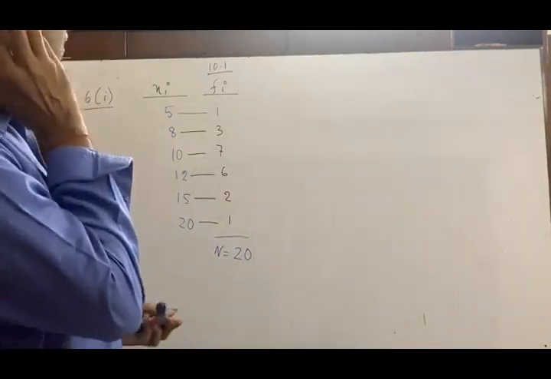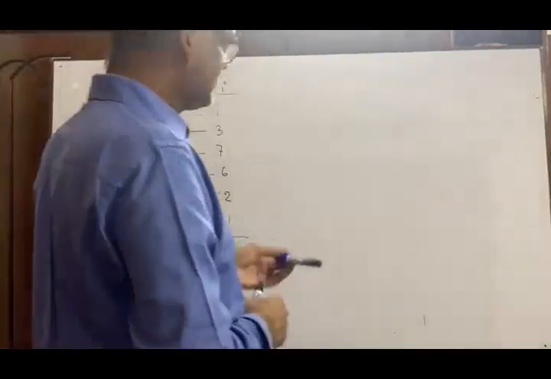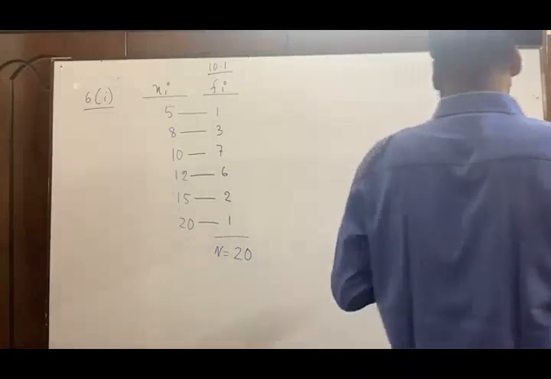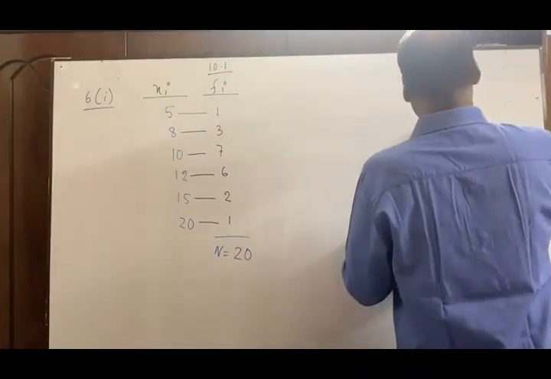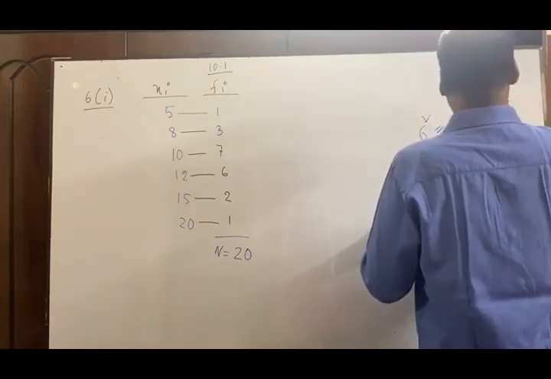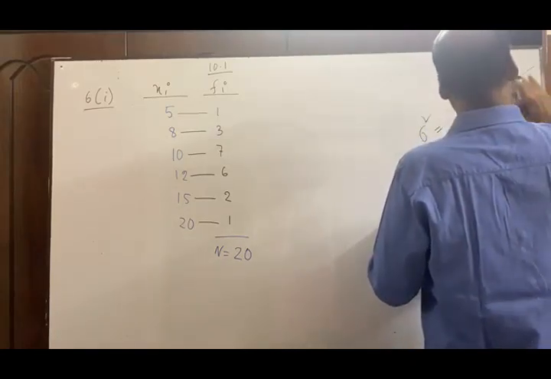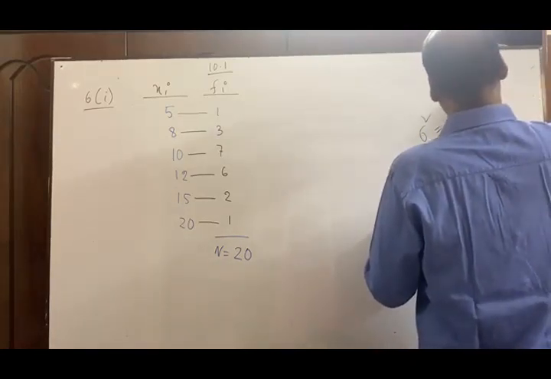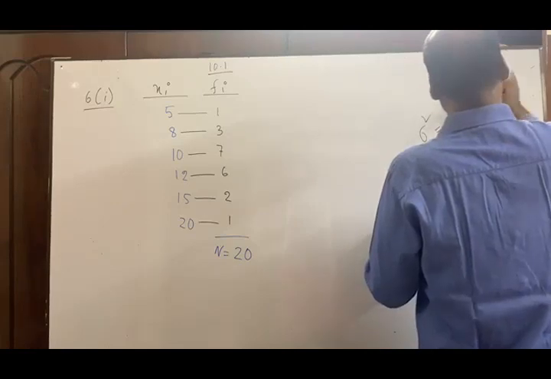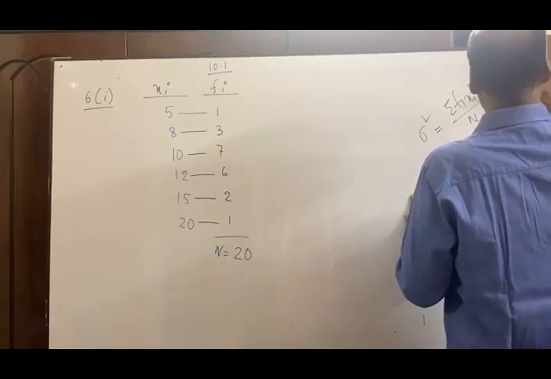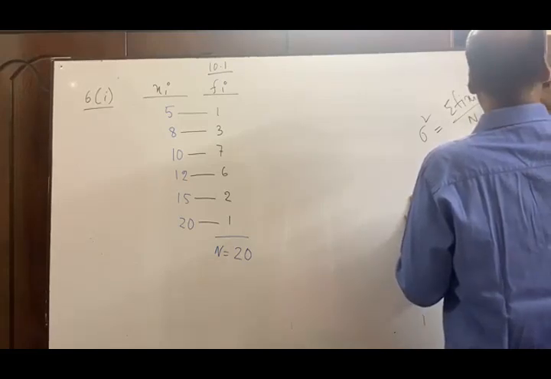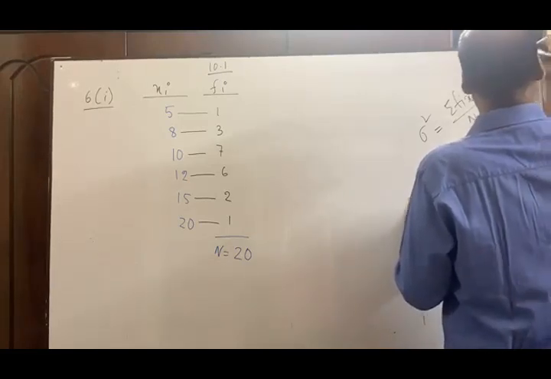Now, what is the formula? Can you remember please? What is the formula to determine the variance? Formula was: summation fi xi whole square by n minus summation fi xi by n whole square. This is the formula.